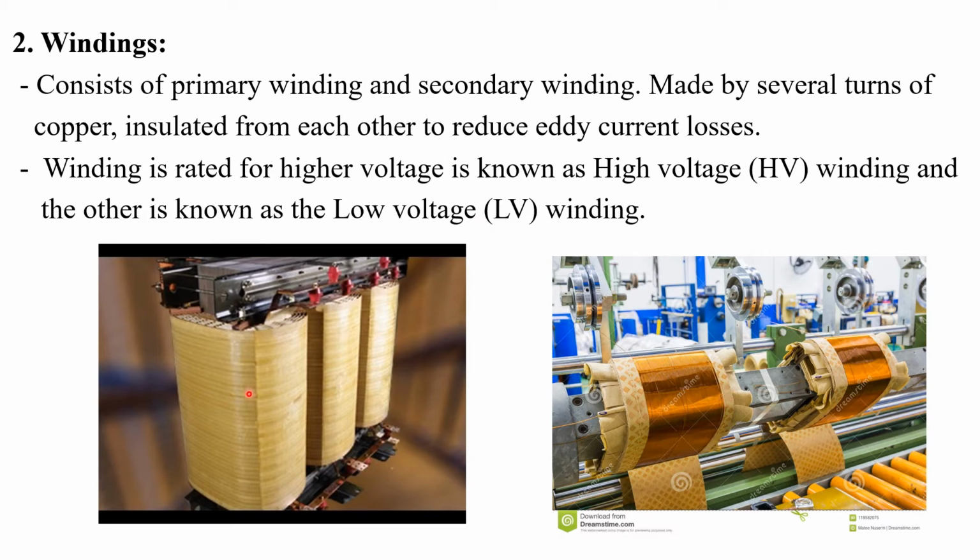Here you can see a three-phase transformer with windings and insulation. These portions are the windings and these light brown colored portions are the insulations provided on the windings. So windings are always provided along with insulation.